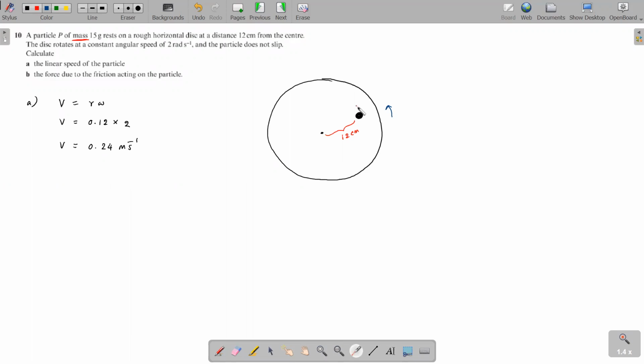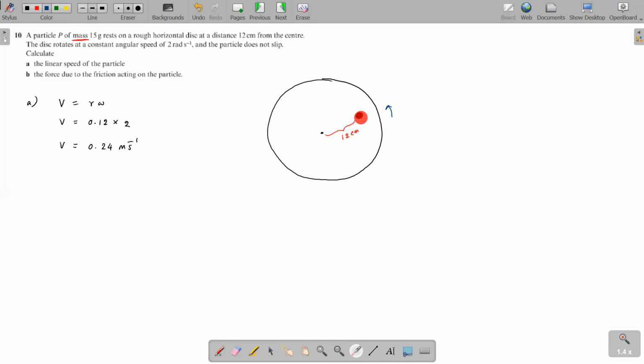The disk itself is rotating around its center, and you have a particle which you have just placed on this point. If you try to increase the speed, there will come a point where this particle will slip out. It will completely go out because the speed is increasing.